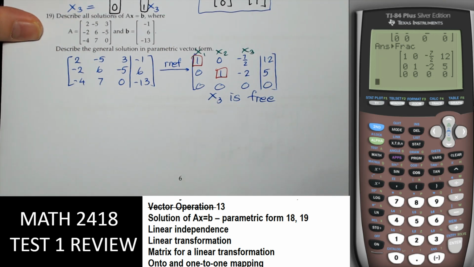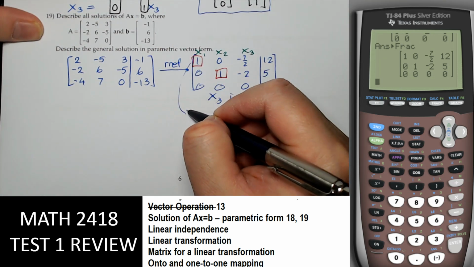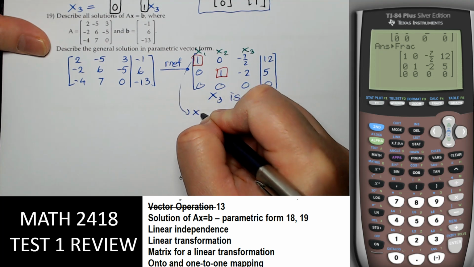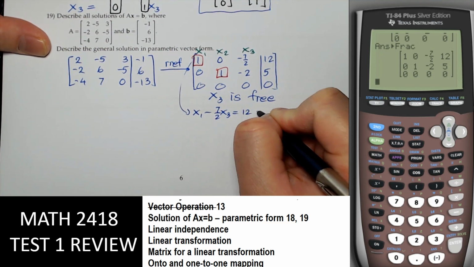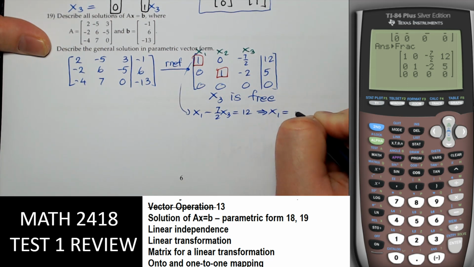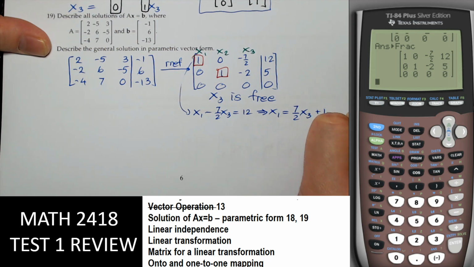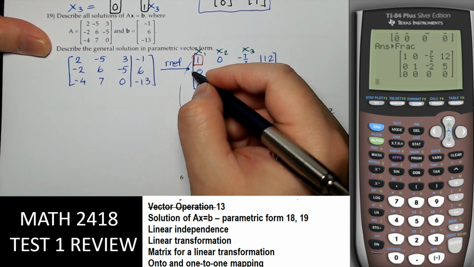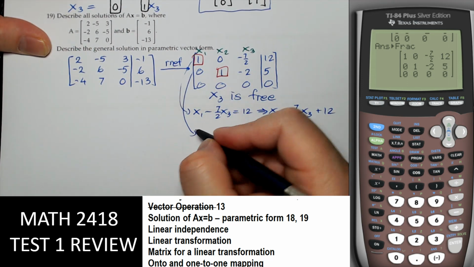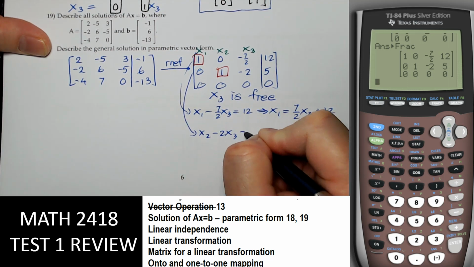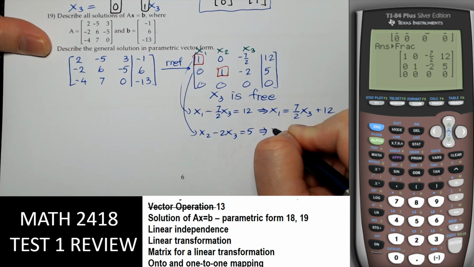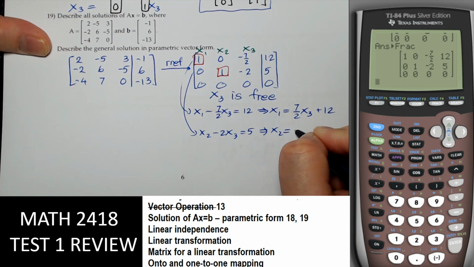From this equation, we have X1 minus 7/2 X3 equal to 12. For that one, X2 minus 2 X3 equal to 5.